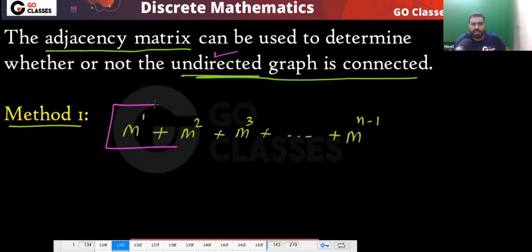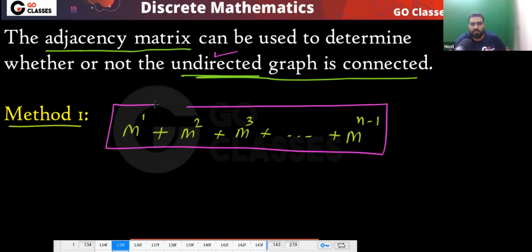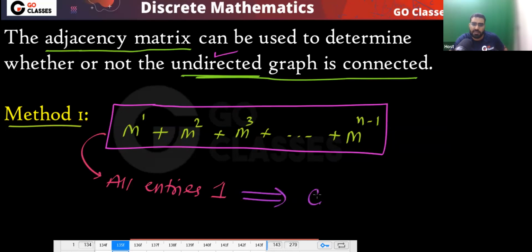If it is connected, then in this, all entries will be non-zero. Yes or no? If all the entries are non-zero, it implies connected.